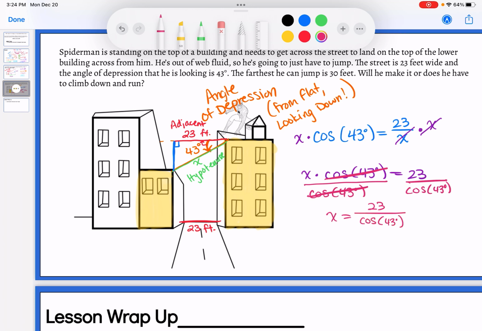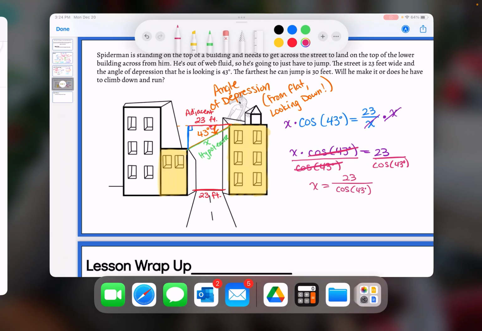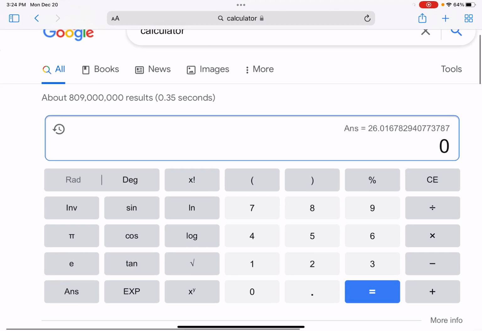And yes, you need to show every step of that work. That's all crucial. And I have to have every step, but now I have x by itself, so I am going to type that into my calculator. So I have 23 divided by the cosine of 43 degrees, right?